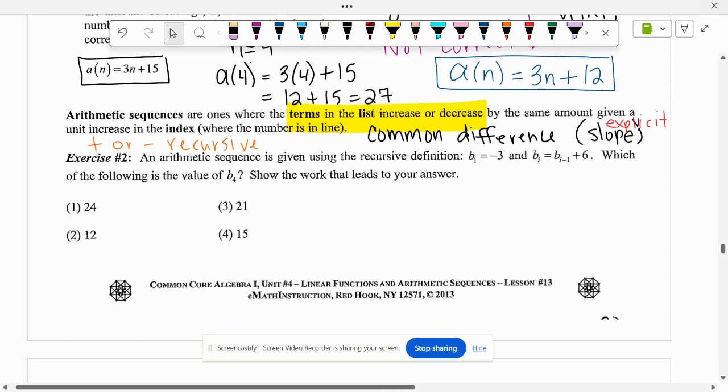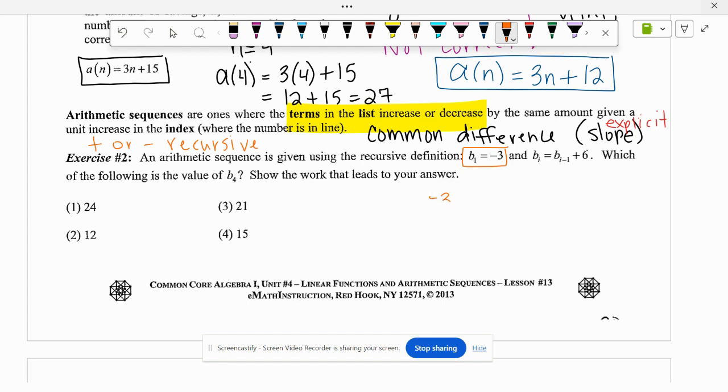So exercise 2, example number 2 says an arithmetic sequence is given using the recursive definition b sub 1 equals -3. This means that my first term is what? What's my first term? -3. My first term is -3. What am I going to do to find the next term in my sequence?